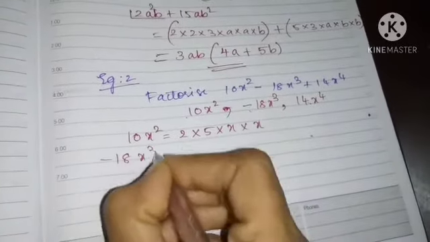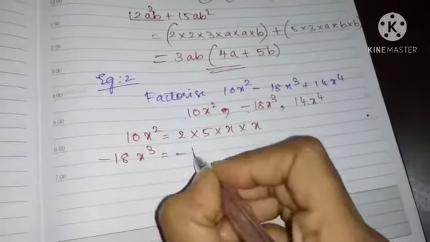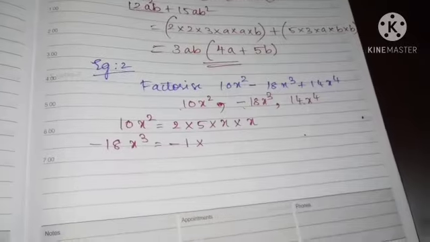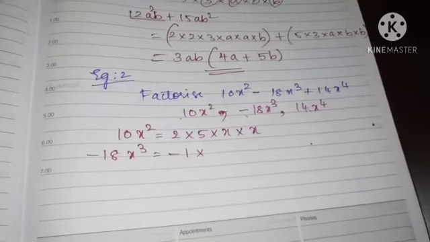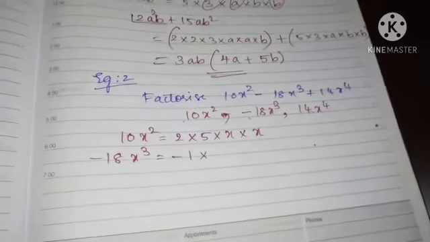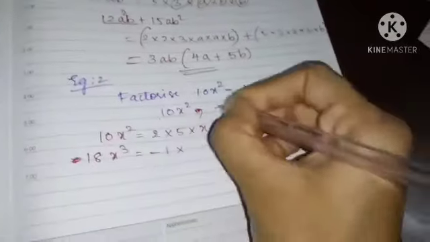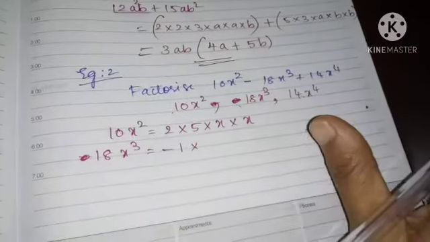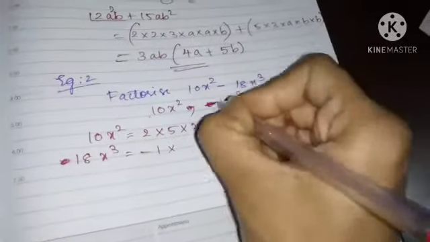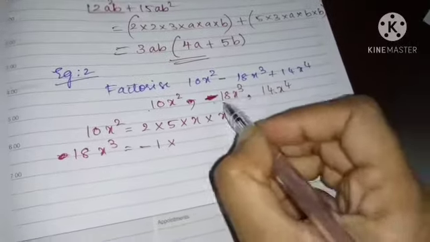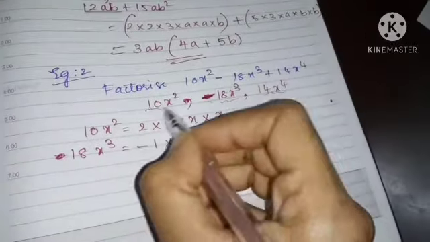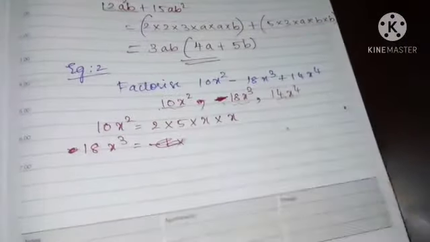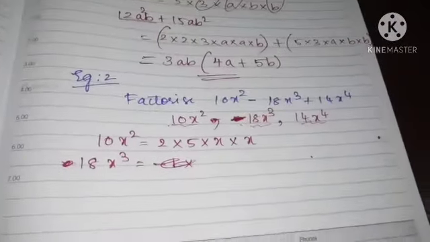Now 18x cube: better you don't consider the minus, because you will get confused. Don't consider the operations, just the terms; consider only the numbers and variables. That's why I am not including this minus.